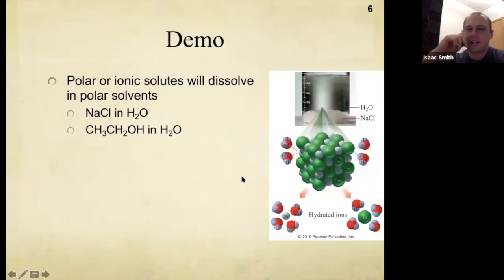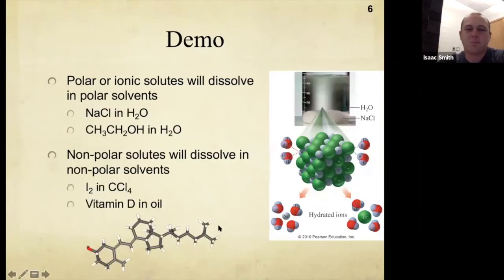All right, so here's a demo that we generally do, and I'm not doing it right now, obviously, but basically what happens is we have salt, and the salt gets dissolved in the water, okay? And then we also try iodine, okay? So iodine would look like this, right?